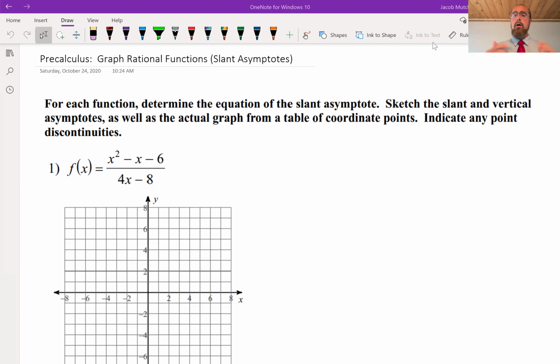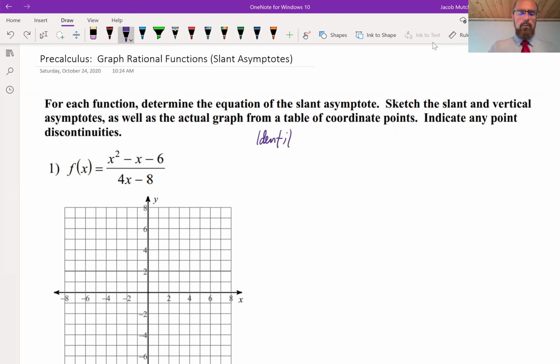And as with any rational function, what I want to decide first is whether or not there are any removable discontinuities. We do that before we even look at vertical or horizontal or slant asymptotes, because it can give us a simplified version of the function. So how do I identify any removable discontinuities?